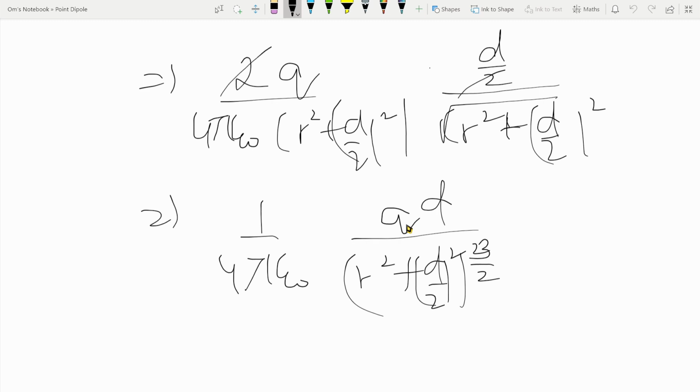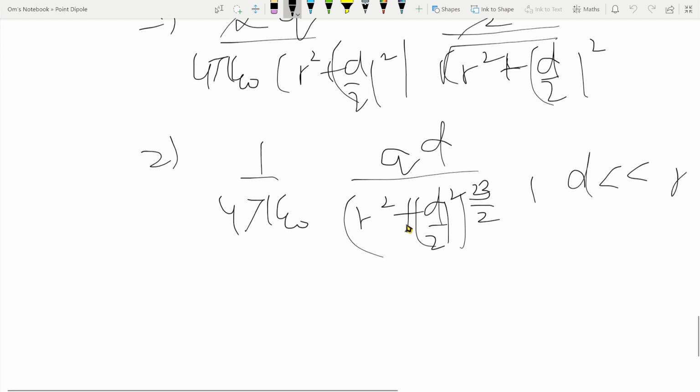And again, if I consider d to be much smaller than r, what I will end up with is this thing over here, which I can write to be E net. Of course, there's an approximation, but d is usually considered to be much smaller than r, so we can use the equal to sign.